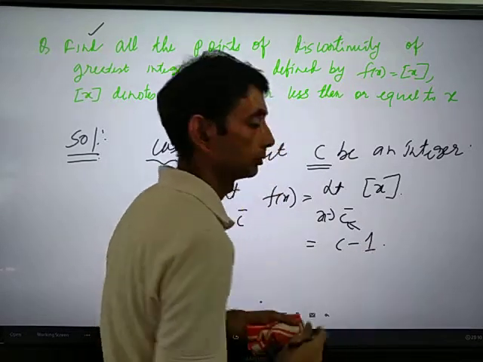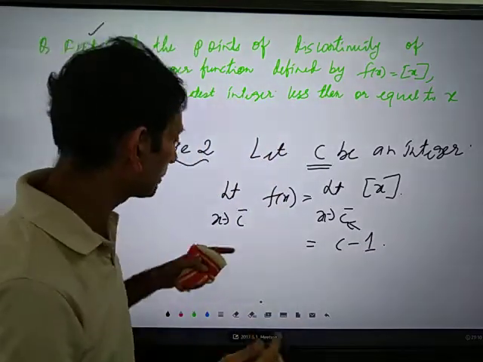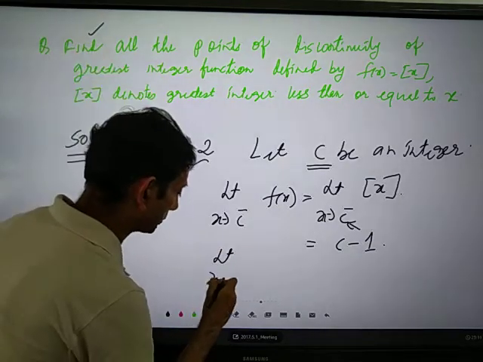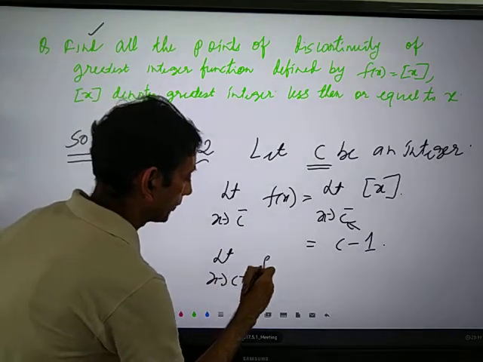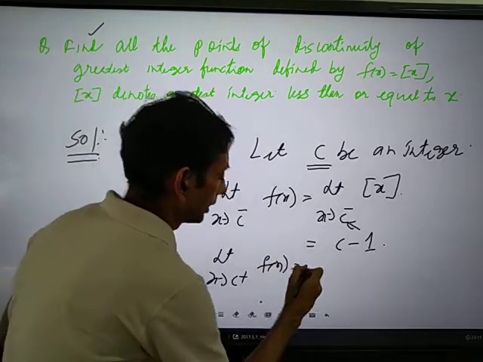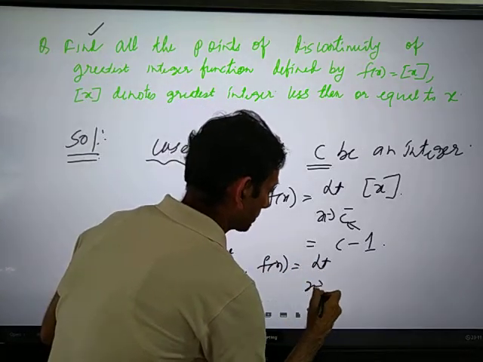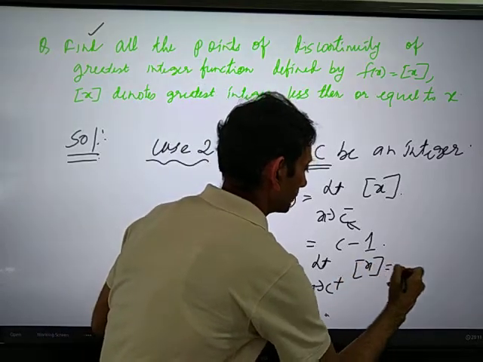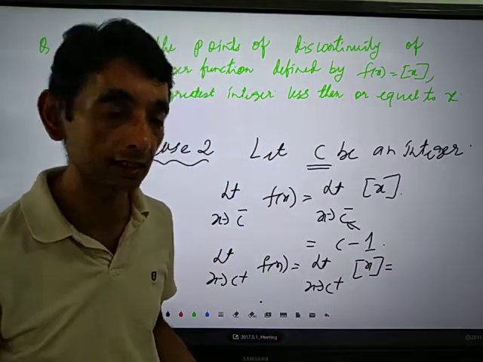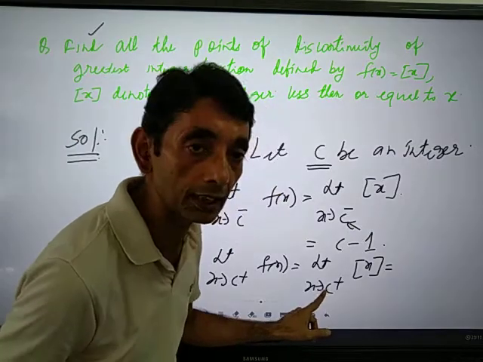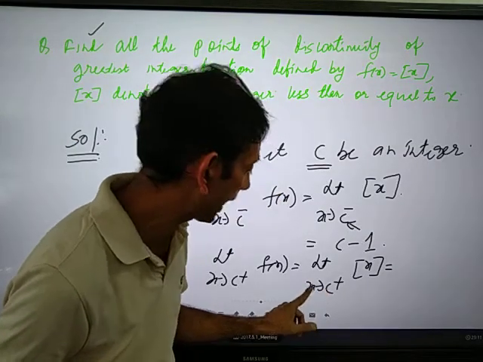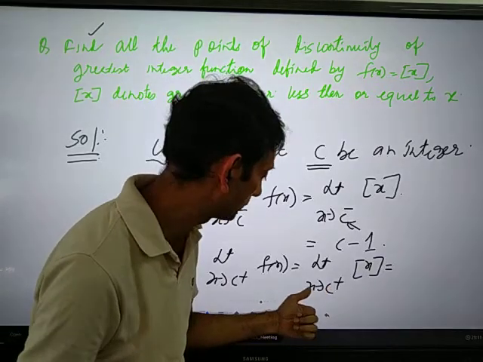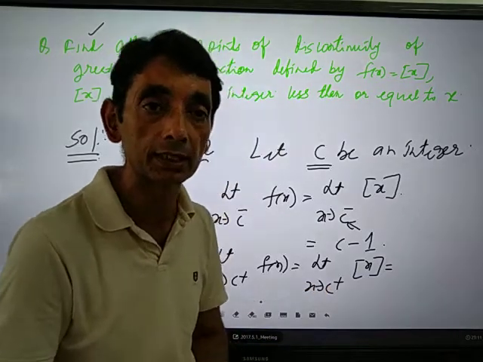Similarly, if you try the right-hand limit, the limit as x approaches c from the right of f(x), where f(x) is the box x, c is an integer here. As x approaches c from the right-hand side, the value of x will be slightly greater than c.